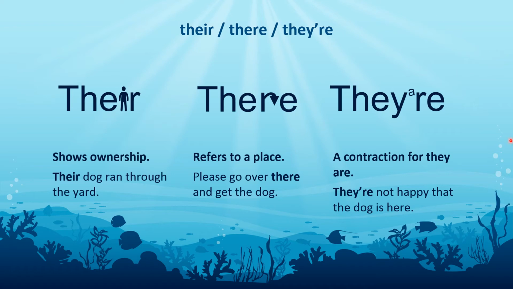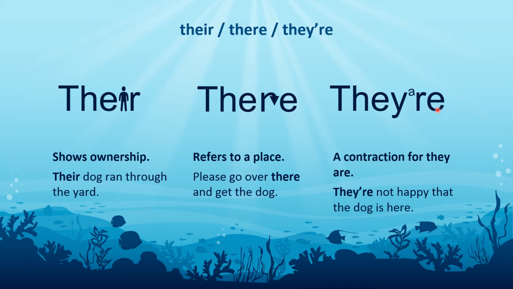Then our next one is T-H-E-Y apostrophe R-E. And when we do contractions next term, you'll see that an apostrophe is placed where we replace a letter that has been taken out. In this case, the A. Because this is a contraction for they are. They're not happy that the dog is here.